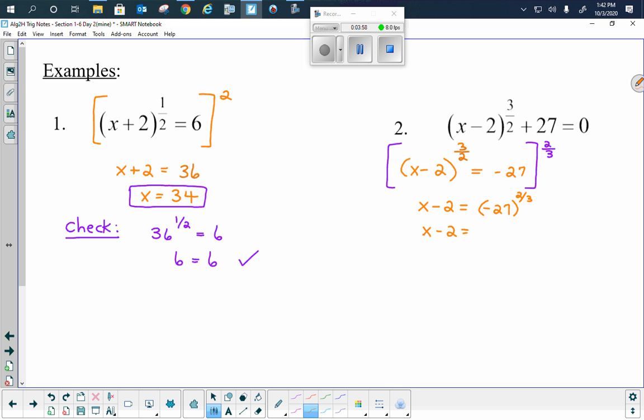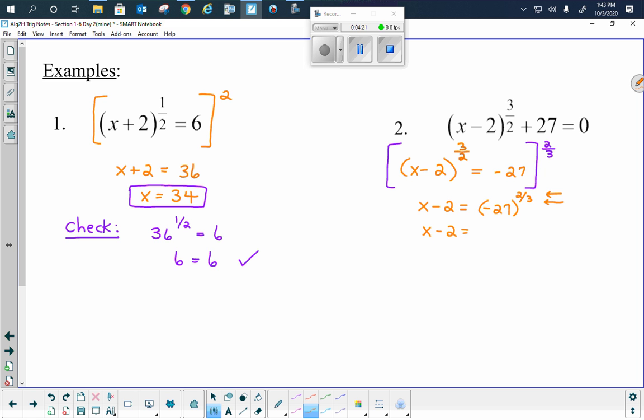So remember what we were just saying at the start, reviewing. The 2 now on this side is the exponent. The 3 is the root. So that means cube root of -27 squared. And think about how you're going to do that the easiest, especially if you didn't have a calculator.